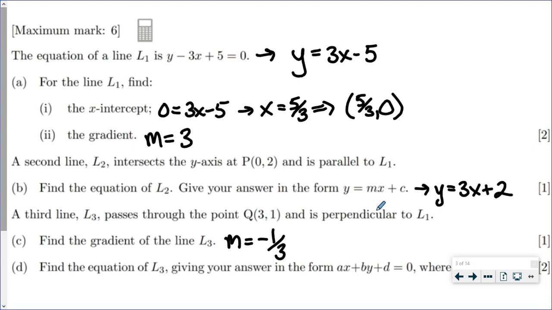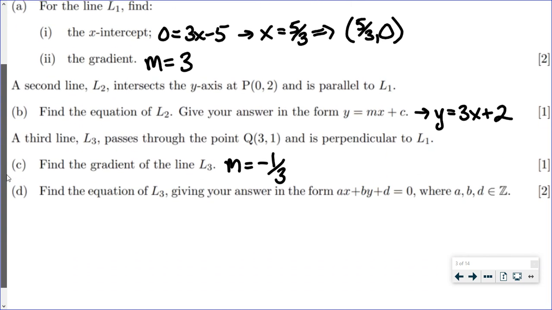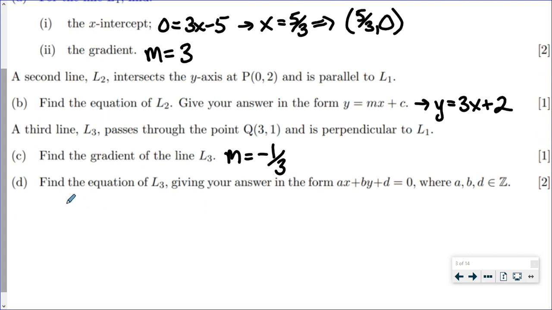Find the equation of L3, giving your answer in the form ax plus by plus d is equal to 0. So I'm going to start with my y equals mx plus c. I'm going to plug in my x and y and my m.